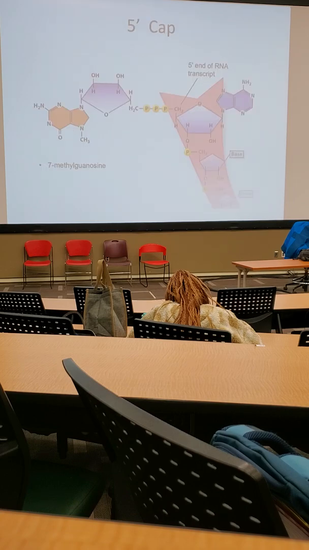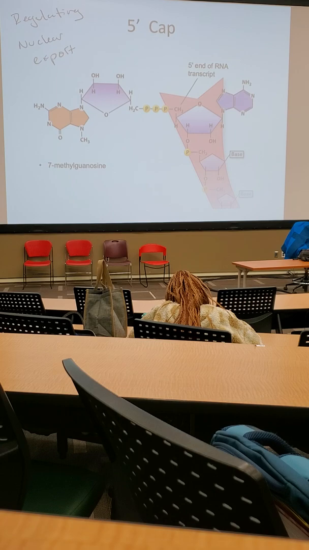So this is our first modification, this 5' cap. This is really regulating nuclear export. It's preventing degradation as well from exonucleases, right? It's identifying this mRNA as something that hasn't been translated yet.